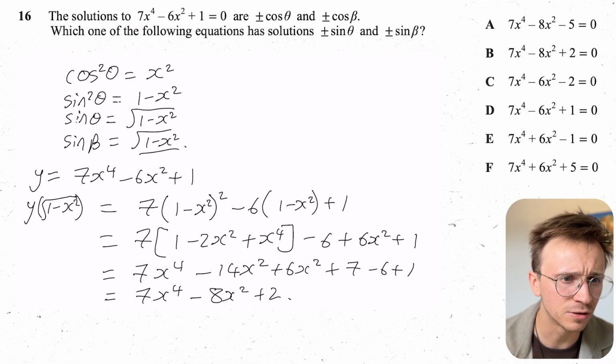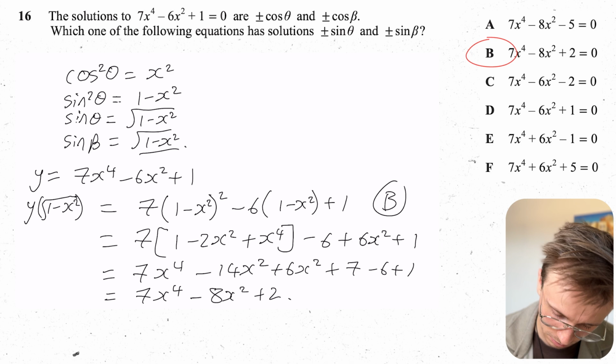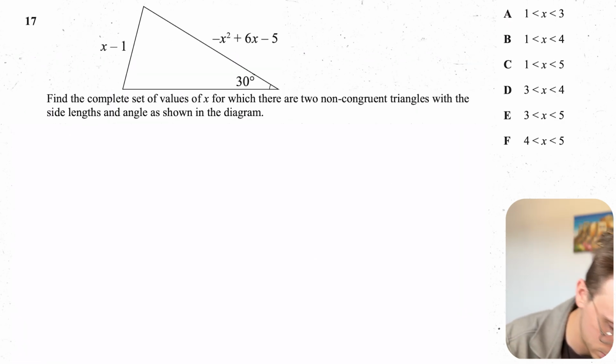So that is 7x to the 4 minus 8x squared plus 2, which is B. Perfect. Nice.